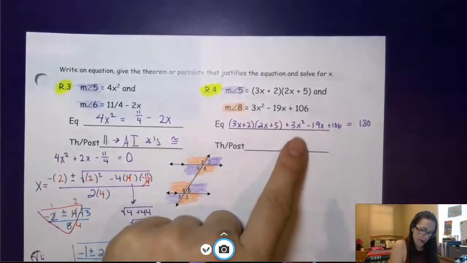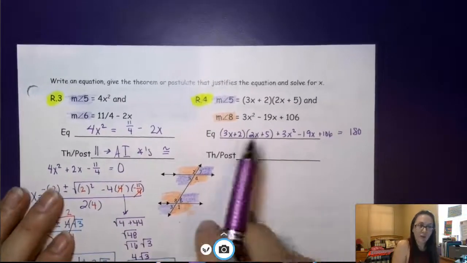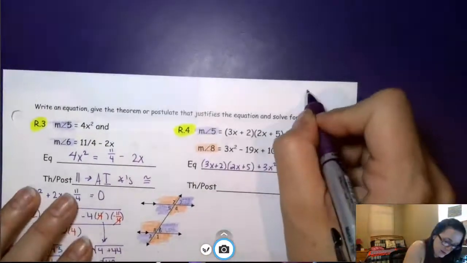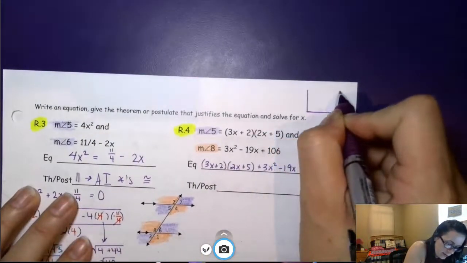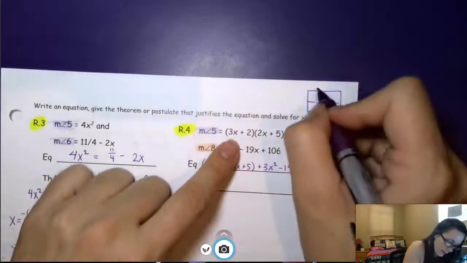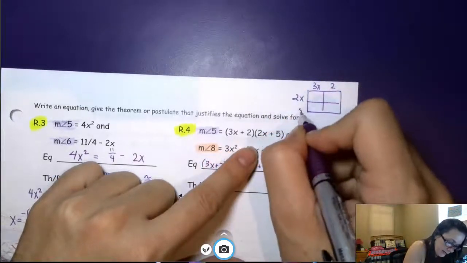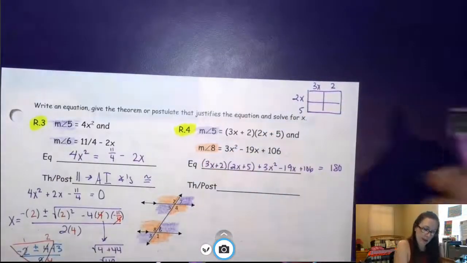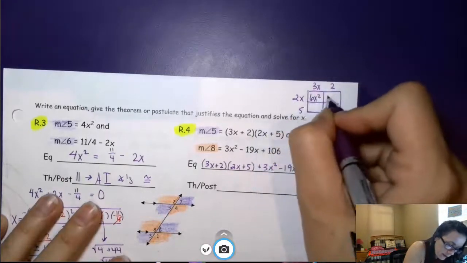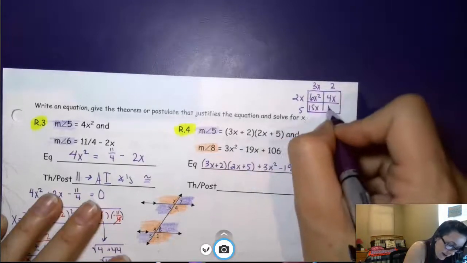So this is already in standard form. I need to multiply these together. So you can multiply these by using FOIL. Some people like to use this box. You may have seen this box before, where you would have like 3x and 2, 2x and 5. So this is another way you could do it. You get 6x squared plus 4x, 15x, and 10.